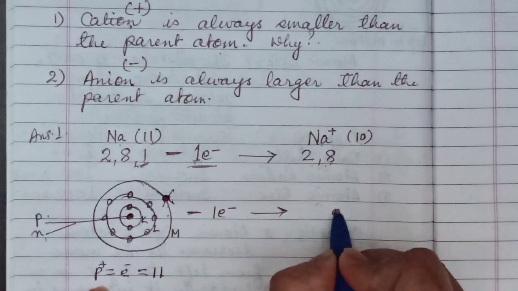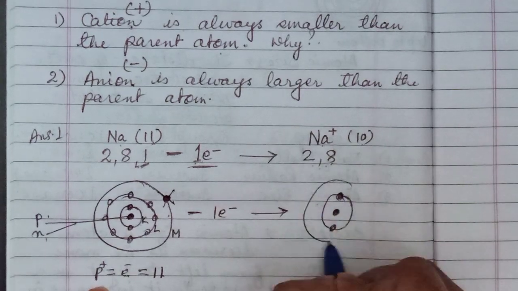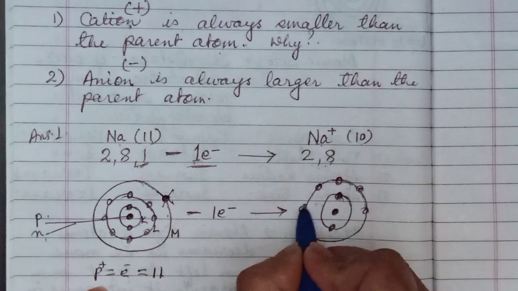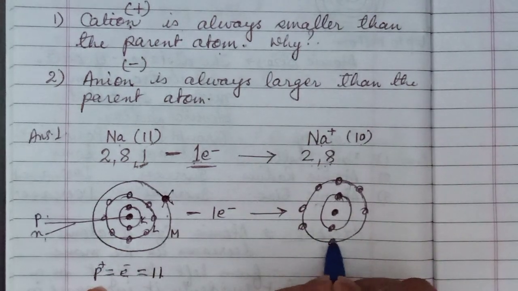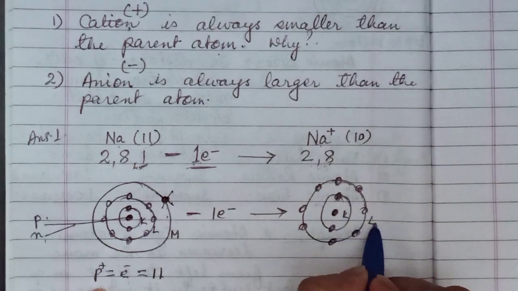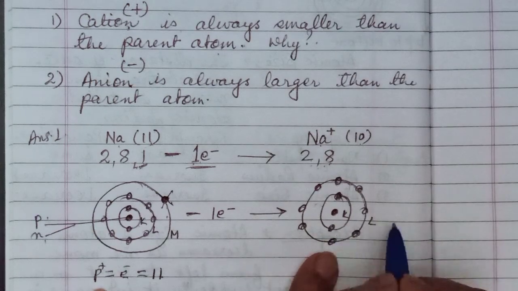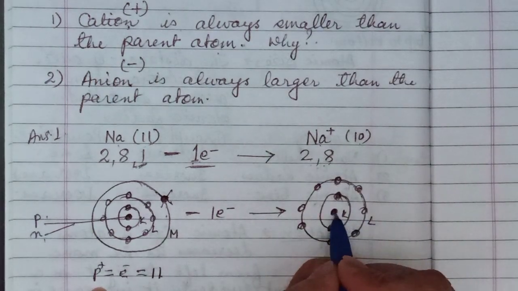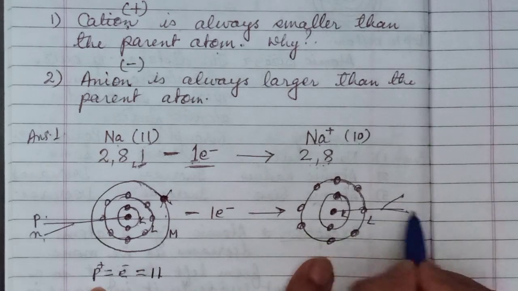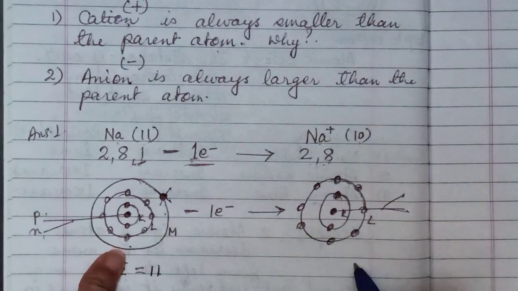So this time we will draw two shells only. In these two shells we will put 10 electrons. So K shell 2 electrons, L shell 8 electrons. Here the number of electrons is 10. But the number of protons and neutrons will never change when a neutral atom is forming any ion.